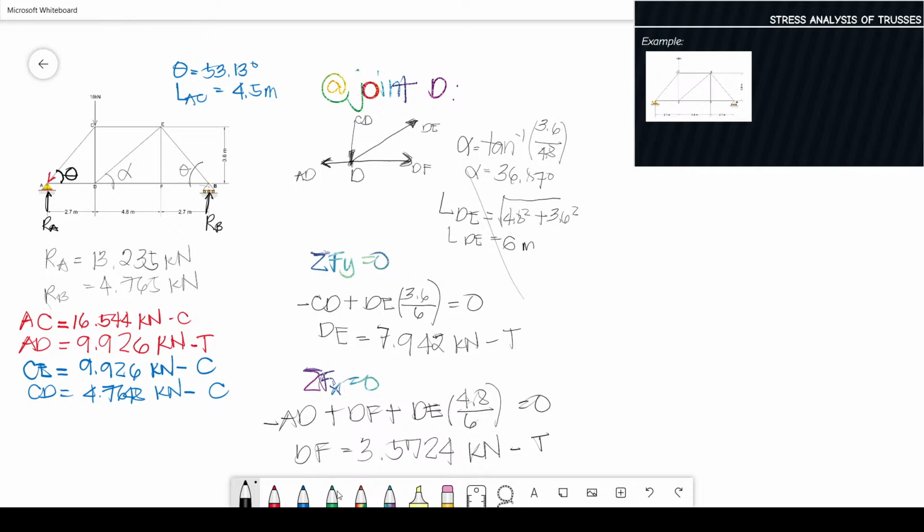So, DE is equal to 7.942 kilonewton tension. DF is equal to 3.572 kilonewton tension. Diba? Okay.